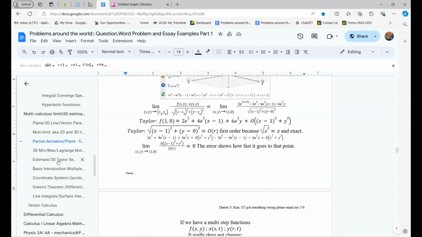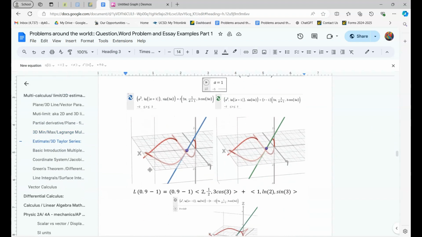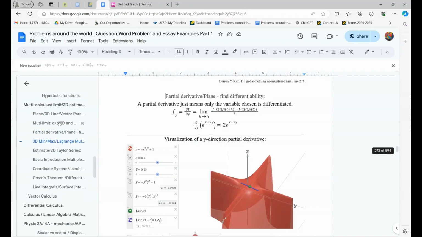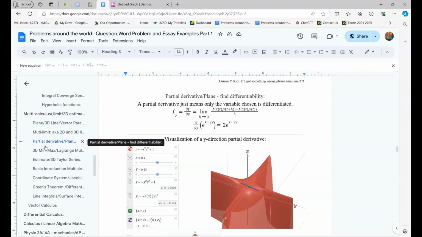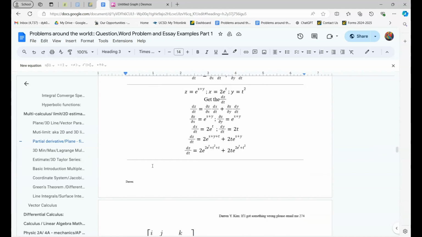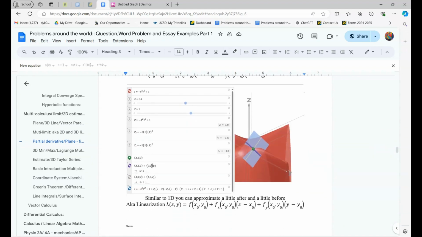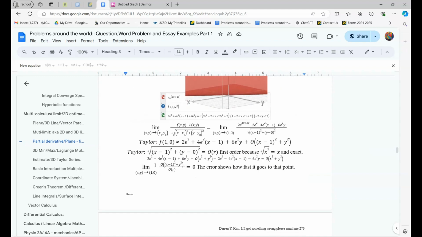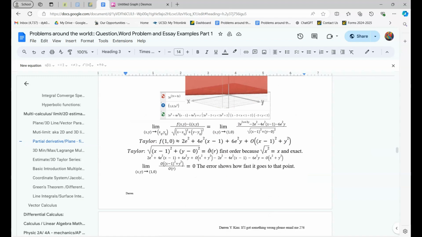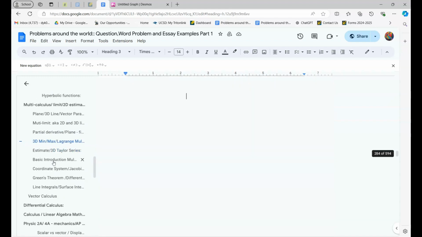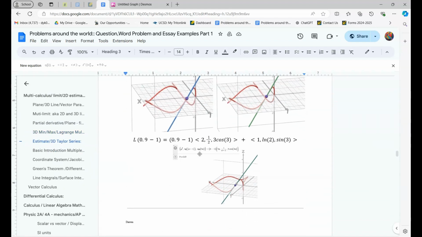Oh no, I did Taylor series over here. I did something that I shouldn't have done. I talk all partial. Oh, this is a little bit of a problem. But I need partial to teach the Taylor series.